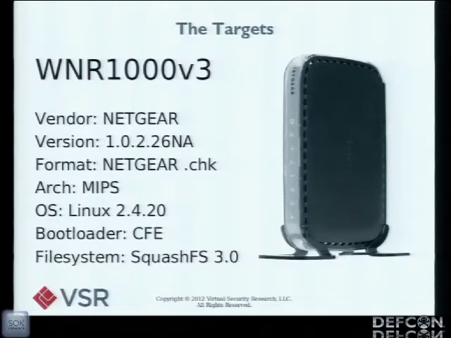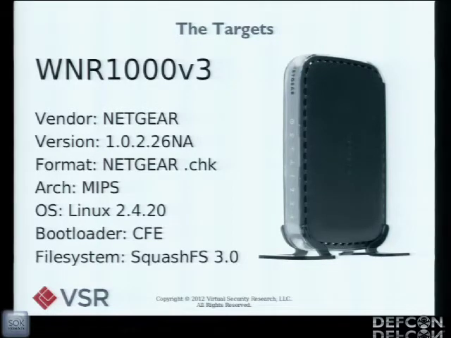So a couple routers that I looked at specifically for this project, the WNR 1000 version 3 is made by Netgear, and it uses the proprietary Netgear CHK format, which we'll go into a little bit more later, for the actual structuring of the firmware image. It uses a MIPS architecture, and as we'll see, almost every consumer router out there, at least that I was able to use, was based on MIPS.